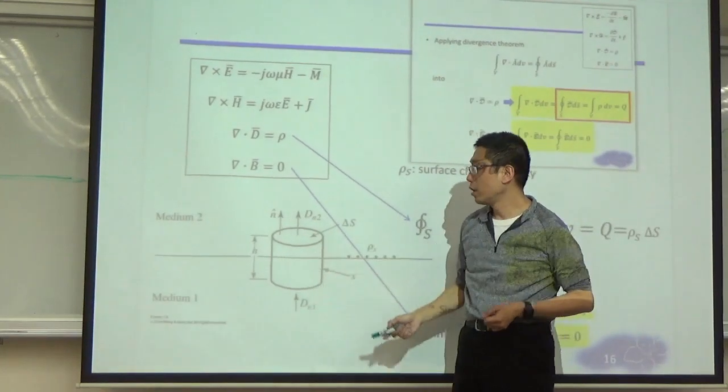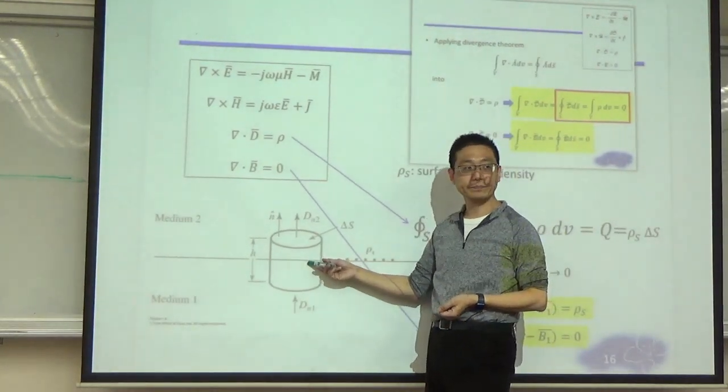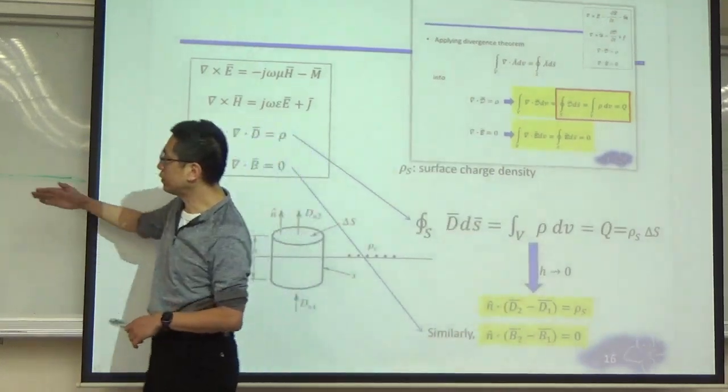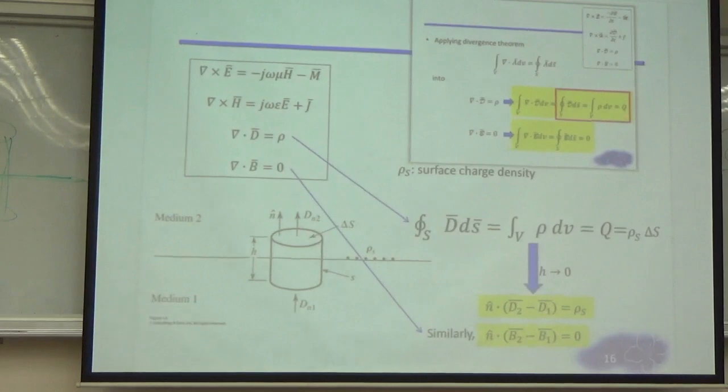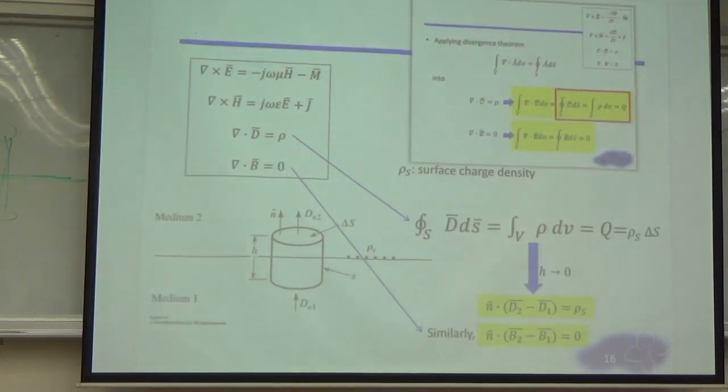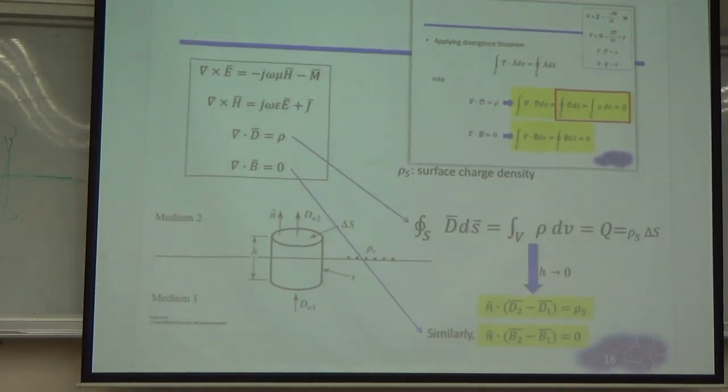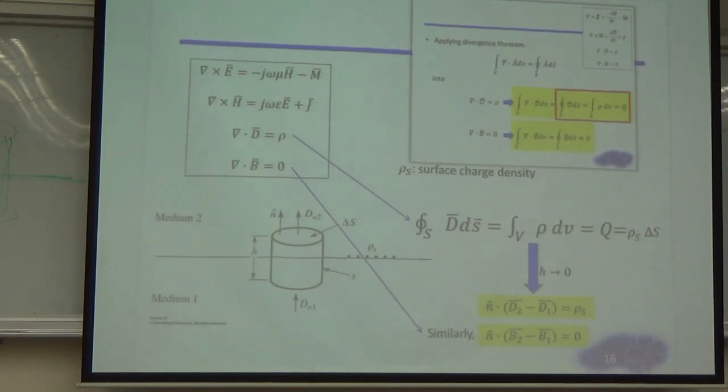If this is a cylinder, I put a cylinder on the boundary. This is 3D, because it's a cylinder, three-dimensional. Use your imagination, because I have only a 2D whiteboard.